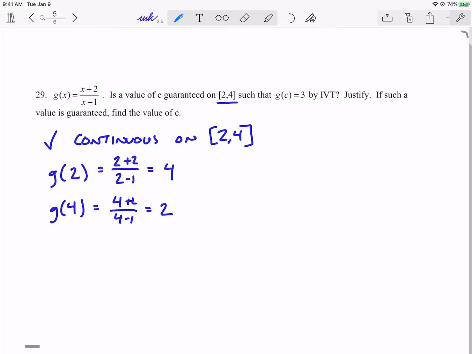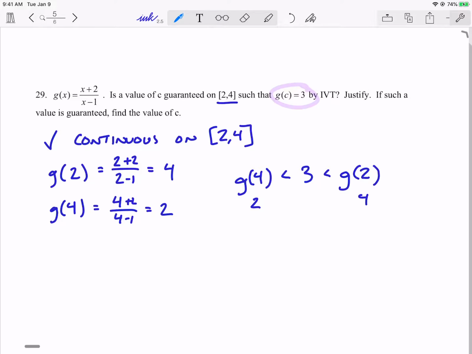So then I ask myself, is 3 in between 2 and 4? Yes. So because g of x is continuous, and g of 4 is less than 3 is less than g of 2, which is me saying because y equals 3 is an intermediate value, it's in between my endpoint values of 2 and 4, right?